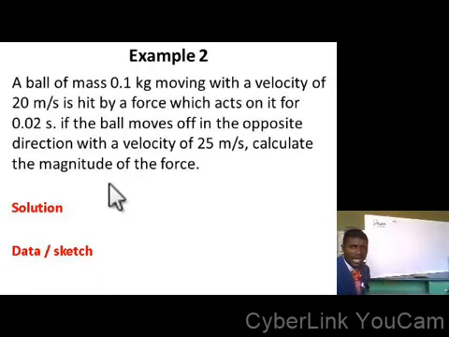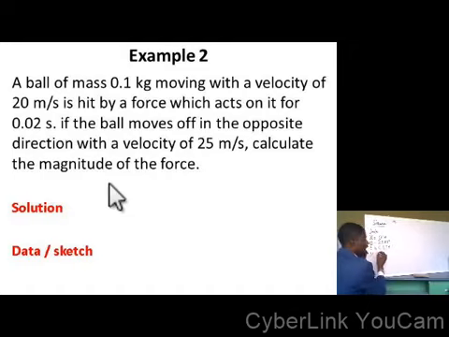Let's look at our data collection. We have our data: mass is equal to 0.1 kg. We have initial velocity u is equal to 20 meters per second. We have time taken t is equal to 0.02 second.